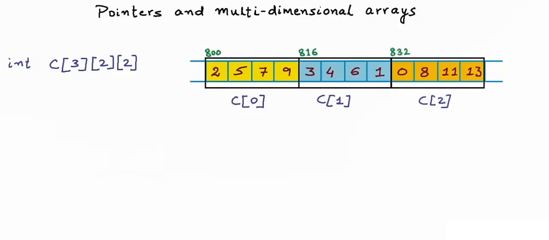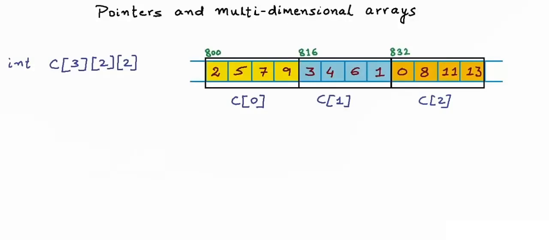The first 16 bytes starting address 800 is my first 2-dimensional array. I am assuming that each integer will take 4 bytes. So all these cells in yellow are part of the first 2-dimensional array. The next block of 16 bytes starting address 816 is C1, and the next block of 16 bytes starting 832 is C2.